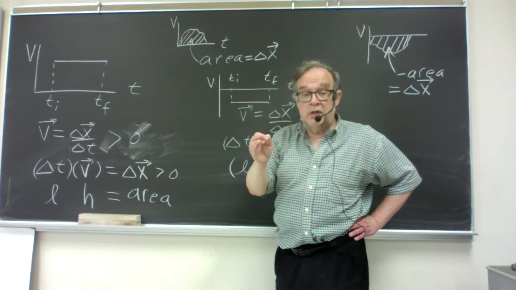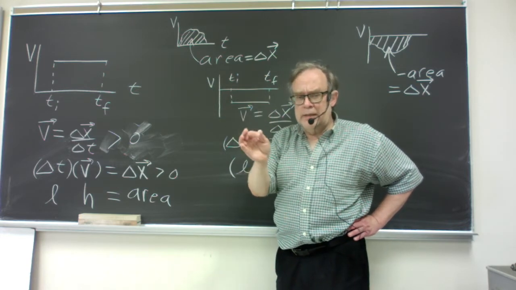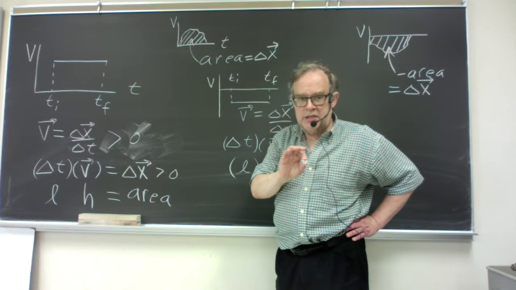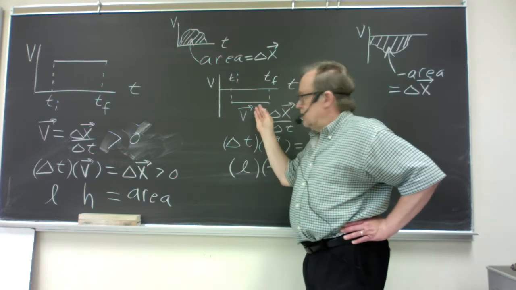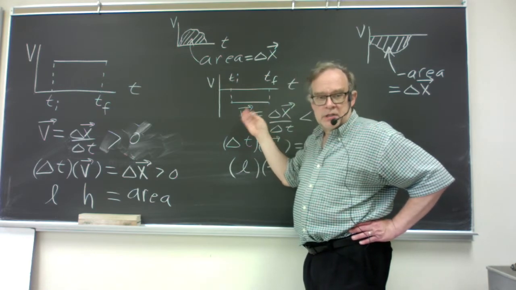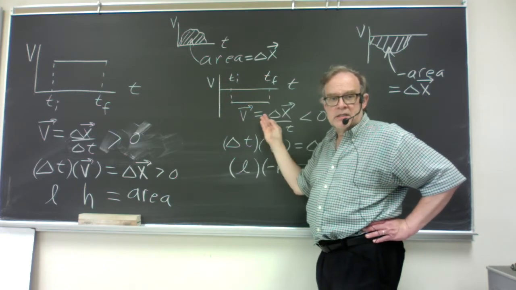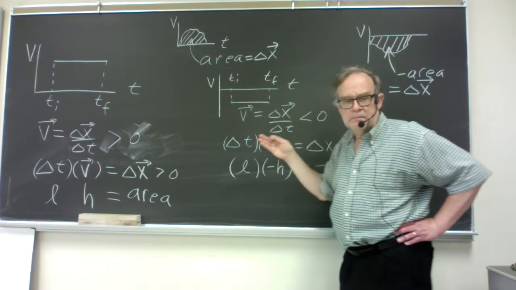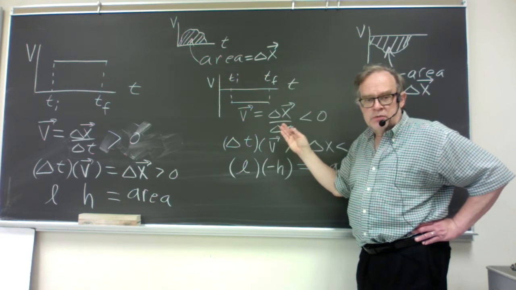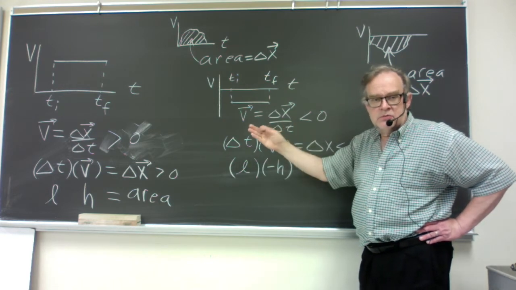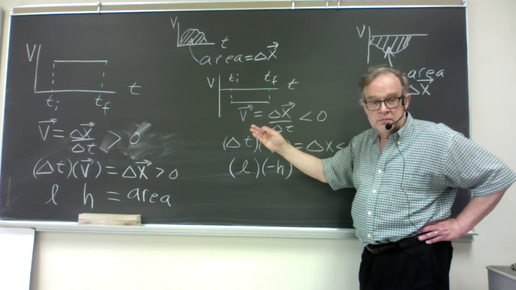If we have negative velocities, there's one little extra complication that we have to take into account. So let's think about negative velocity and think about the simple case, just like we thought about the simple case over there. A constant negative velocity. There's our definition of velocity, but in this case, velocity is negative.